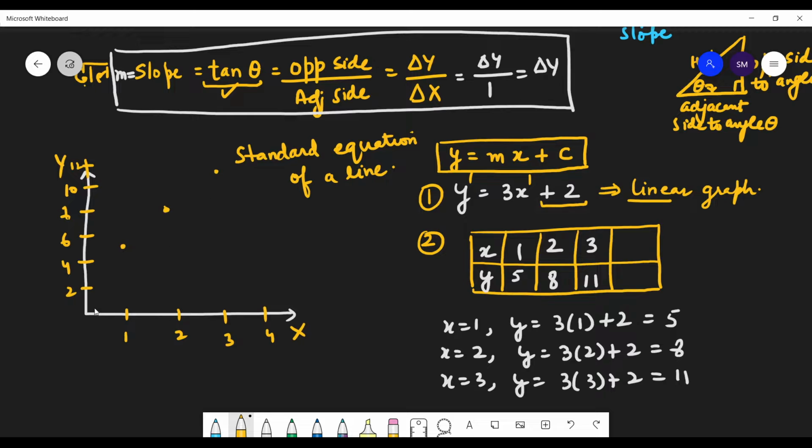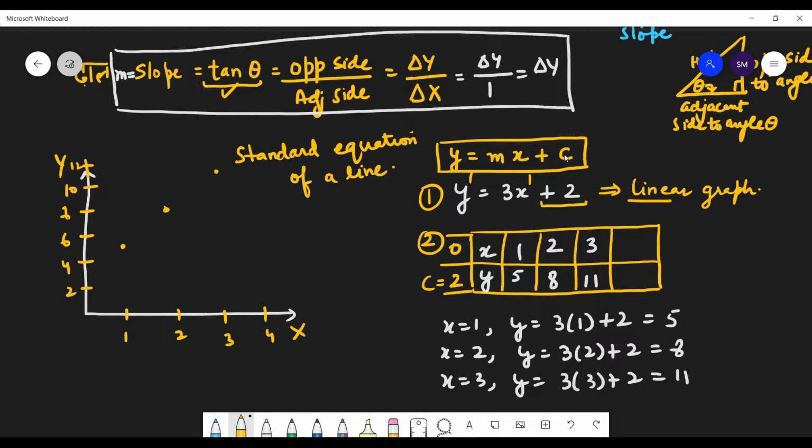Now what about x equals to 0? What will y equals to? 2. So whenever x equals to 0, you get constant here. What do you get? Constant. Is this clear?